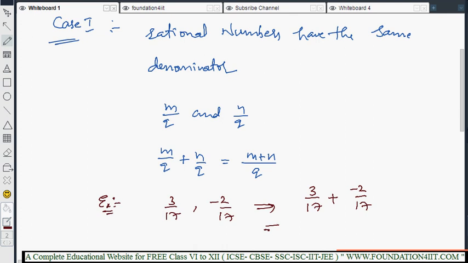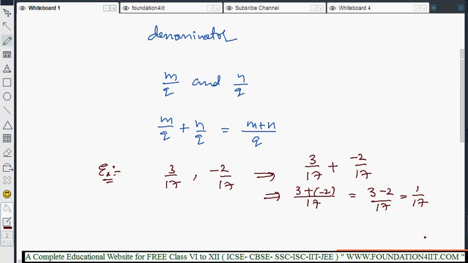Here the denominators are the same. Therefore 17 is the denominator, and the numerators are 3 and minus 2. That is 3 minus 2 by 17, so 1 by 17. We already studied in earlier classes how to add positive and negative numbers. So 3 minus 2 is 1 by 17.